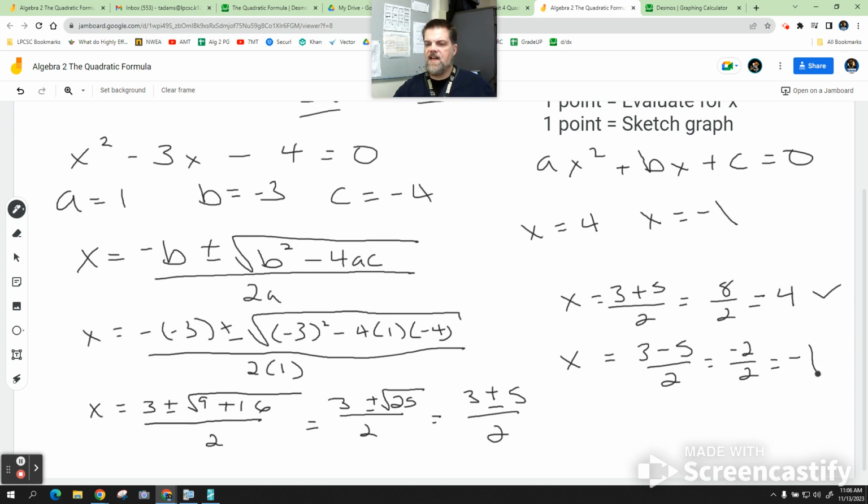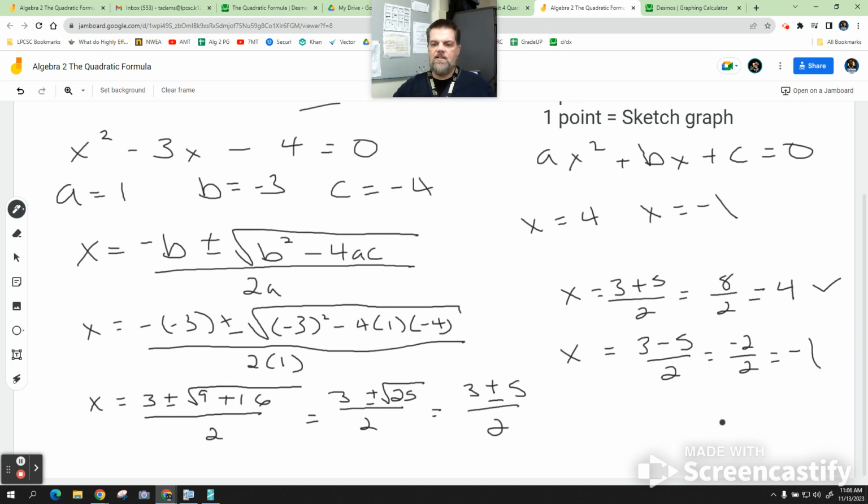And remember, we've got to sketch the graph. So I can graph this, but I don't really need to because I'm just sketching the graph. Remember what I'm thinking about, and these have all been kind of rigged up. How do I figure out how to sketch the graph? Well, I know that I'm going to plot a point at 4 over here. This point here exists, which is 4, 0, and then this point over here exists, which is -1, 0.